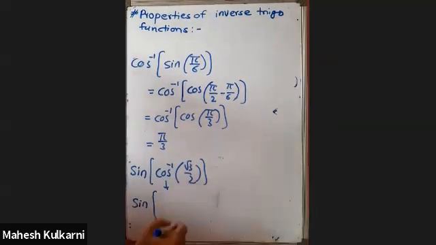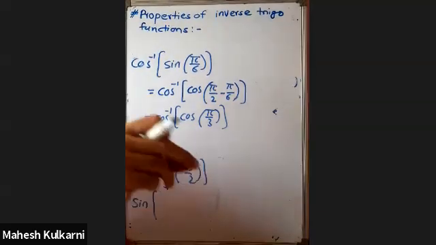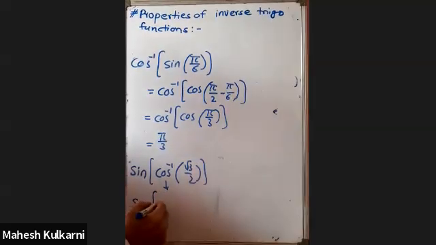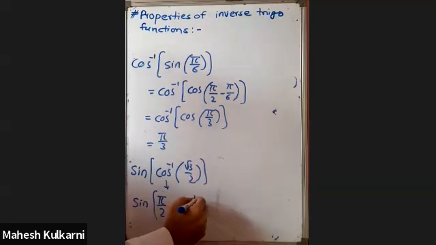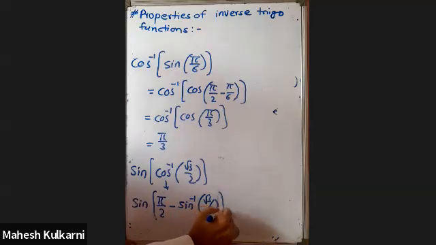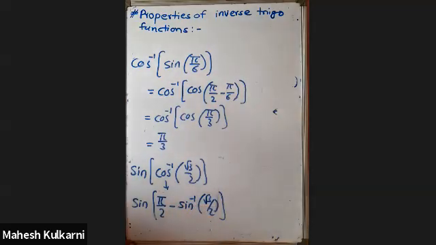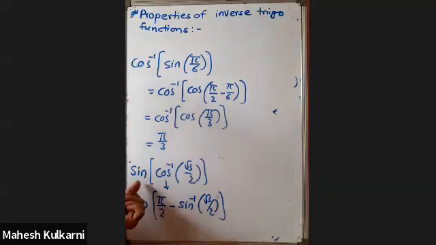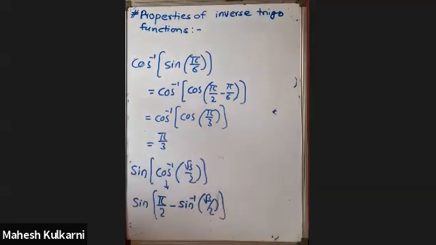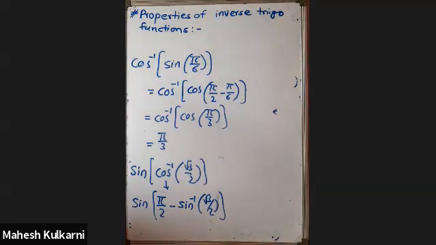So we can write cos inverse of this, using the property sin inverse x plus cos inverse x equal to pi by 2, as pi by 2 minus sin inverse of root 3 by 2. Then converting this to sin inverse and simplifying, you will get the solution for sin of cos inverse of root 3 by 2. Try this.